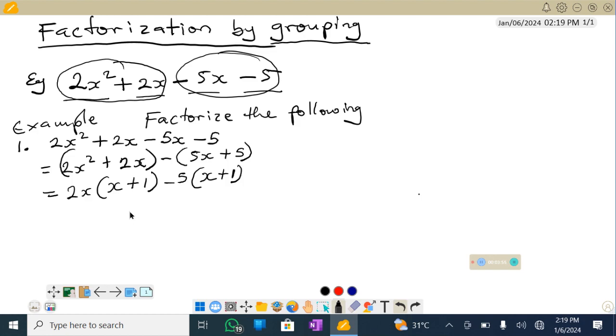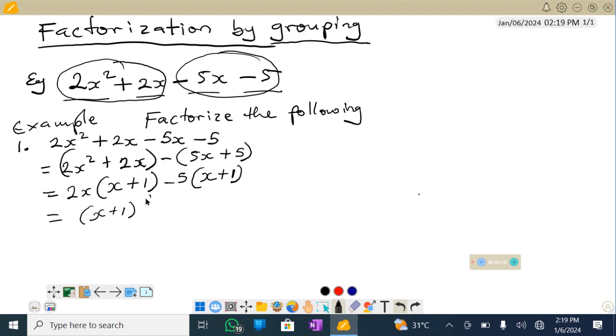Okay, so you can see that we have grouped our expression into two parts, which is 2x into x plus 1 and minus 5 into x plus 1. So with that now, we can bring out what is common. So what is common here is actually the bracket, which is x plus 1.